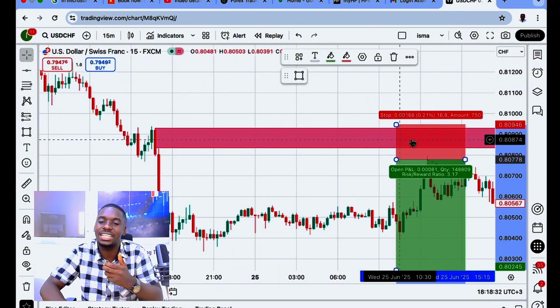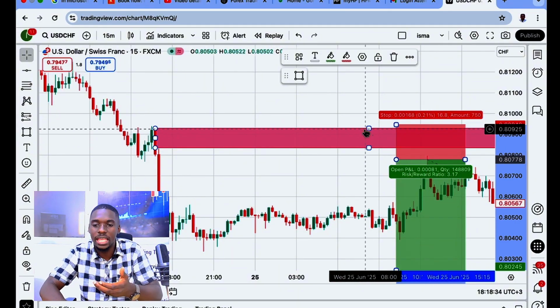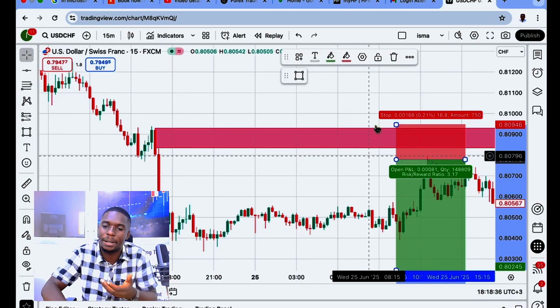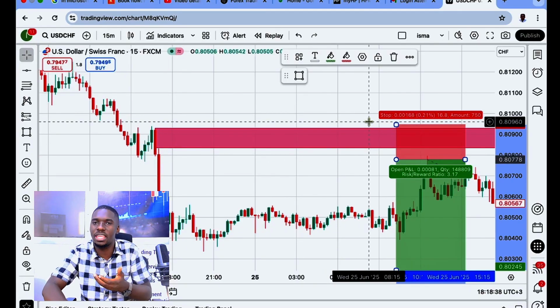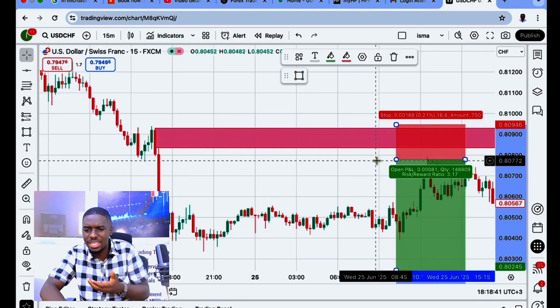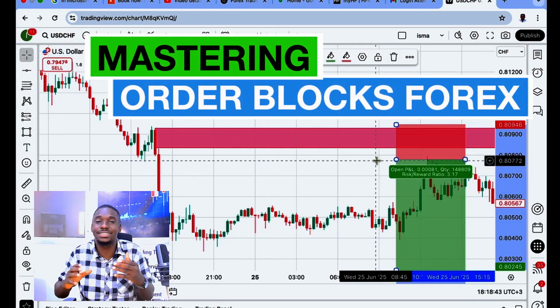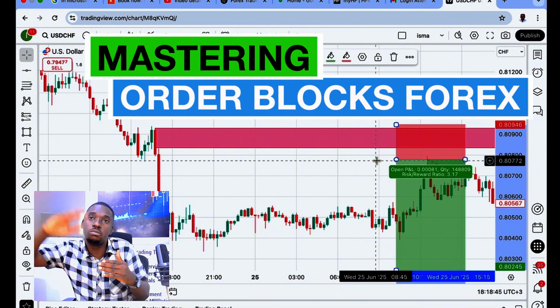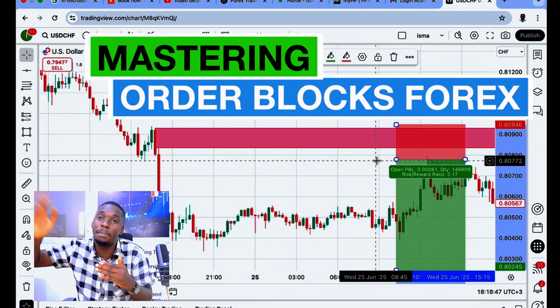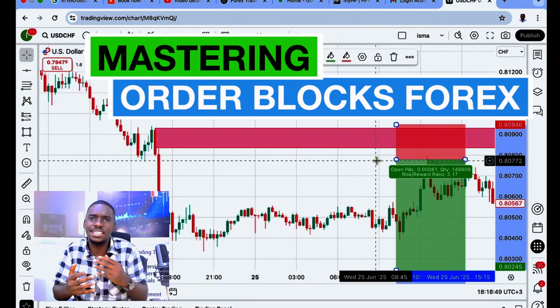It can come up to here, it can come up to here, but we don't expect it to come above somewhere here. So anywhere below here, we can consider that as the market coming back and reaching the order block and then proceeding downwards. So it's as simple as that.